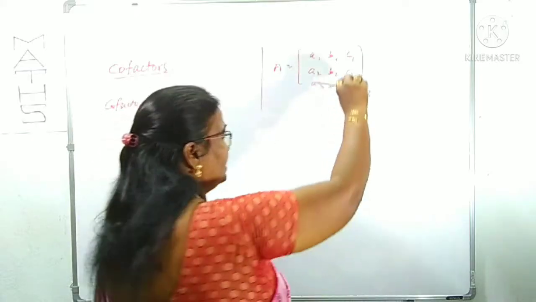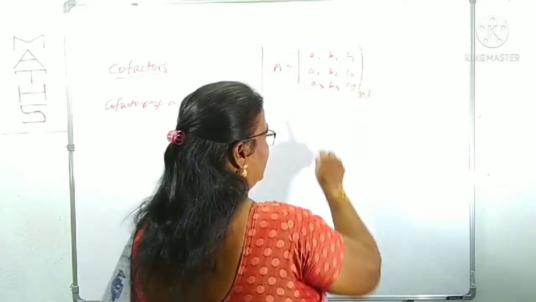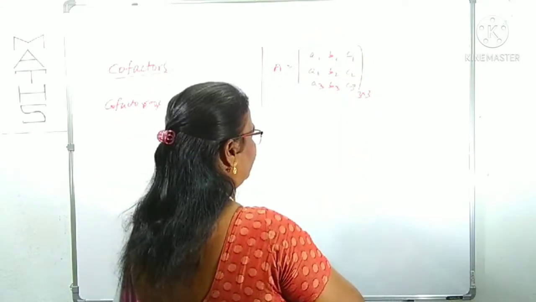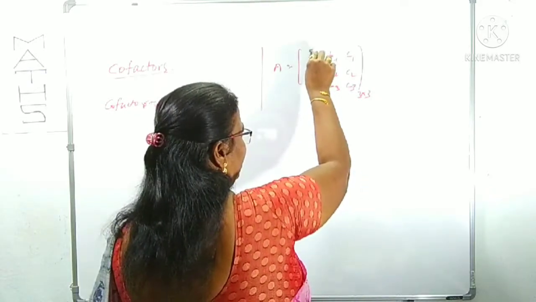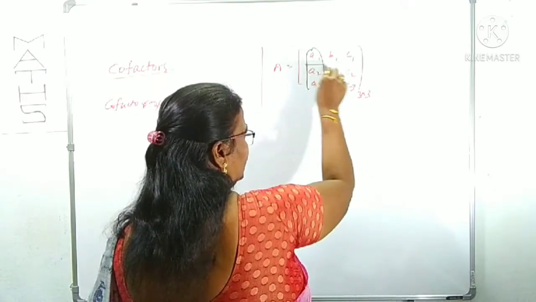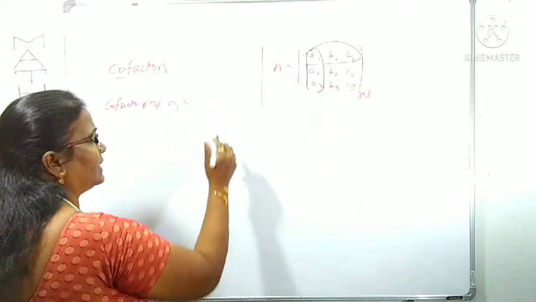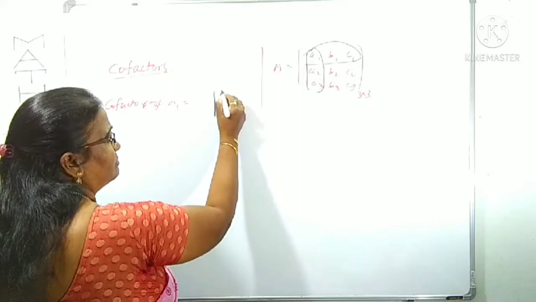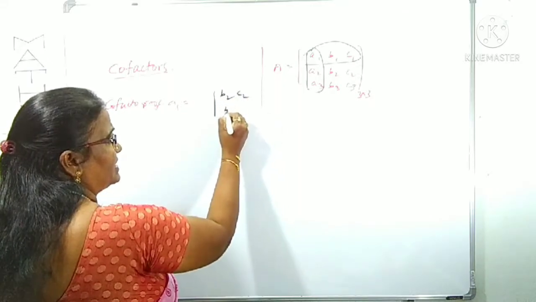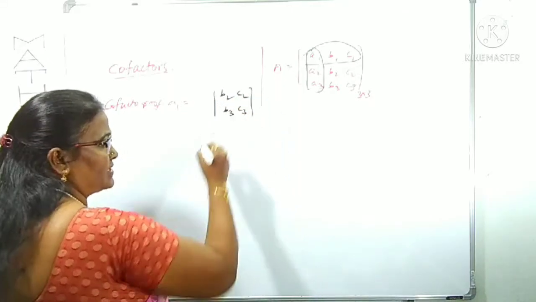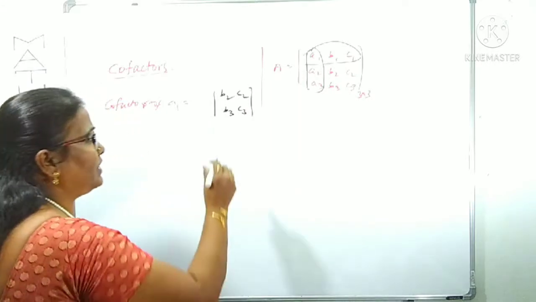A1 is available in the first row and the first column. After closing these two, what are the left over? B2, C2, B3, C3. That is the determinant of B2, C2, B3, C3. This determinant value is nothing but the minor of A1.